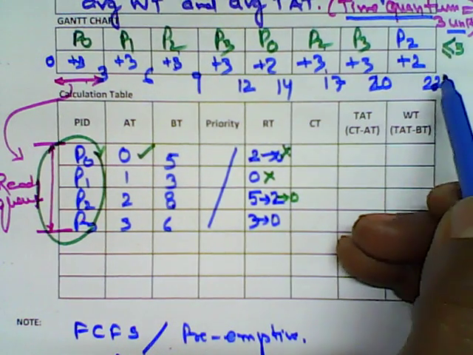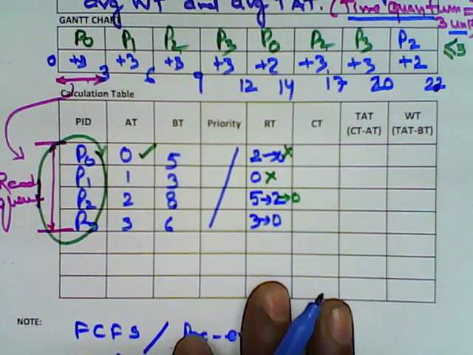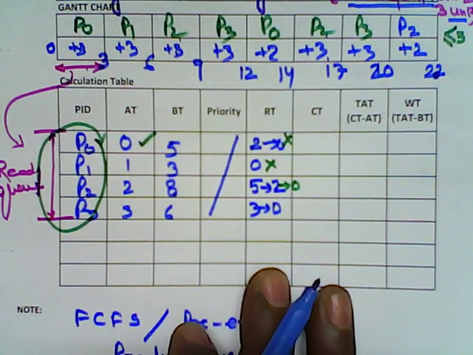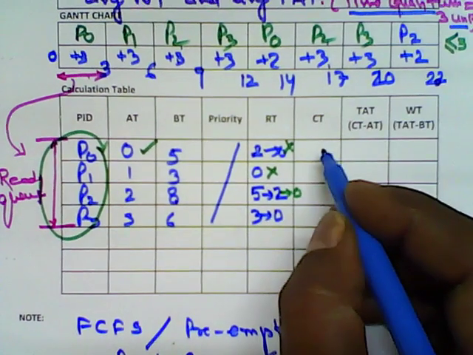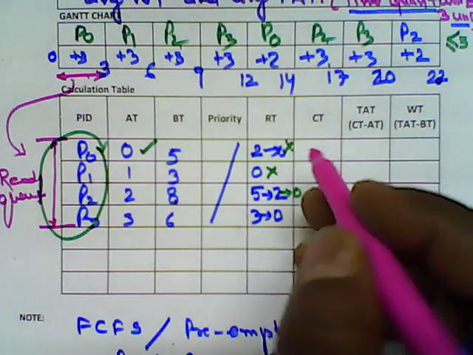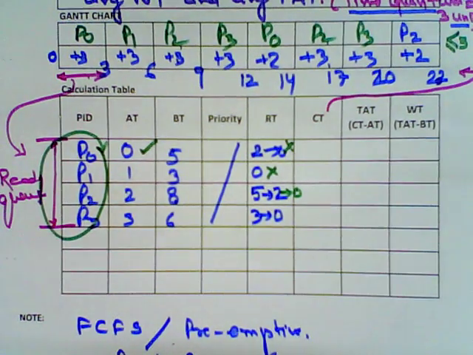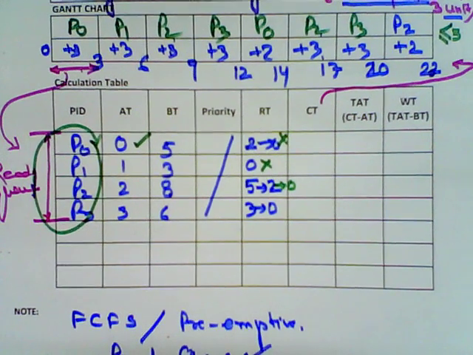So now what is the remaining task? Now we have to find the CT. Now how will we find the CT? CT is based on how we are viewing from this particular case. Now in this particular scenario, you will see which is P2.